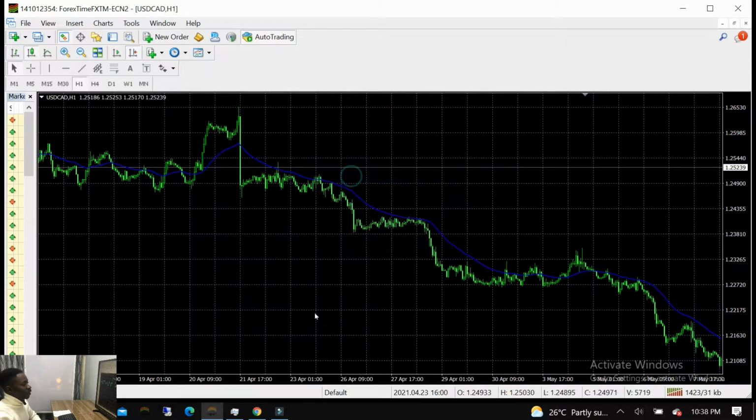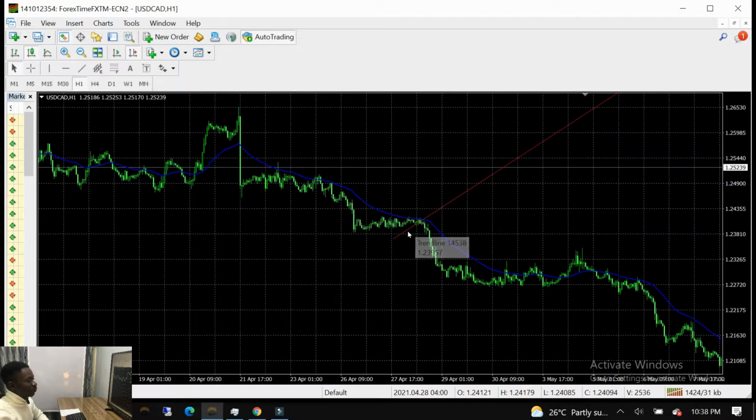Let me explain. What we'll be looking for in this type of strategy is we'll be waiting for price to touch this exponential moving average, then we enter for sell. Price touches this exponential moving average, then we enter for sell. It touches it here too. Yeah, this is an example.